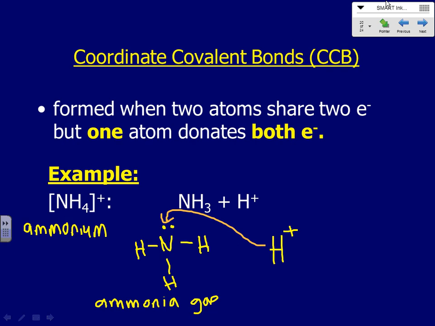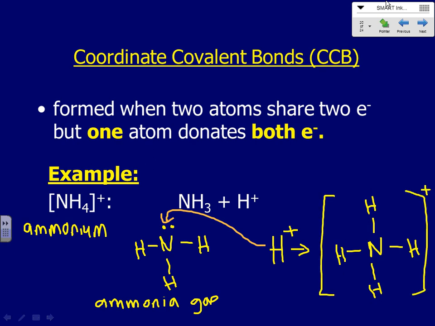And now that has a full outer shell. Now what we end up with in the end is a nitrogen. Now it has 4 hydrogens. Because it carried a positive charge with it, this whole thing is now positively charged, plus. All right? And this thing contains a coordinate covalent bond.